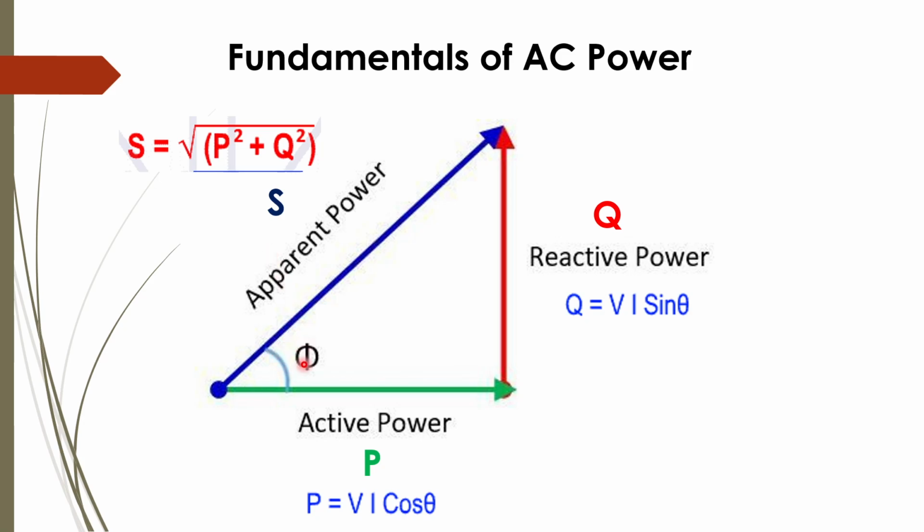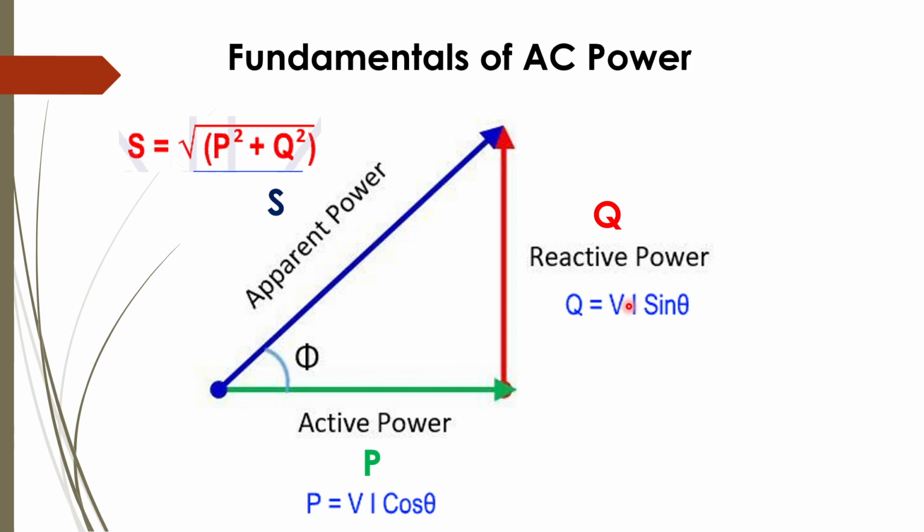Again, the angle between the active power and apparent power is your theta, phi, and the side opposite to this angle is your perpendicular. If you know what is perpendicular, what is base, and what is hypotenuse, then you can easily calculate the formula for active power and reactive power, because they are formulated in a structure similar to the current and voltage transfer.